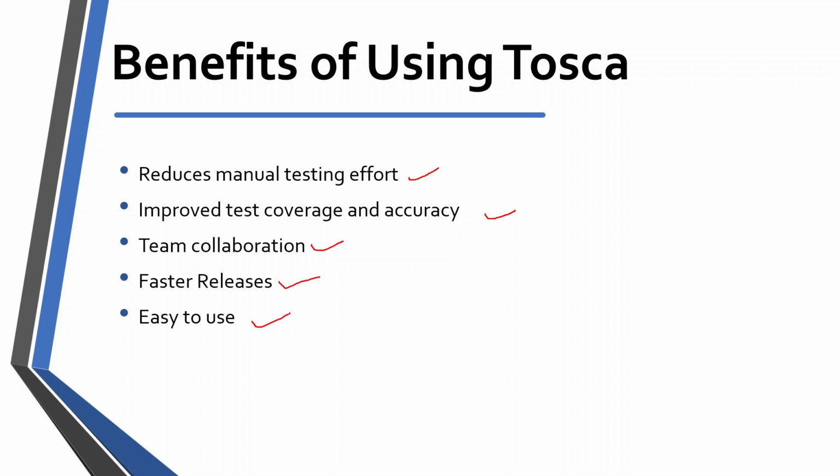That is why we need to learn Tosca, because it simplifies test automation, making it faster and more efficient with its model-based, no-code approach, and you can automate complex tests without programming skills, saving time and reducing human errors. This helps in improving software quality, speeding up development cycles, and makes testing more accessible for everyone from beginners to experts.